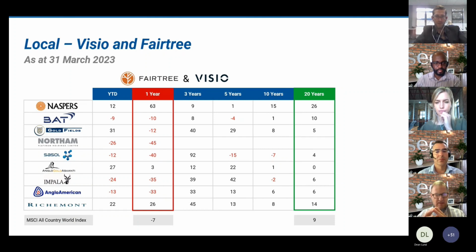Naspers has been a phenomenal business, as we know, with its acquisition of Tencent right at the get-go. And so the 26% return compounded has been one of the best in the world. And that's all come from the Tencent business that they invested right at the outset.